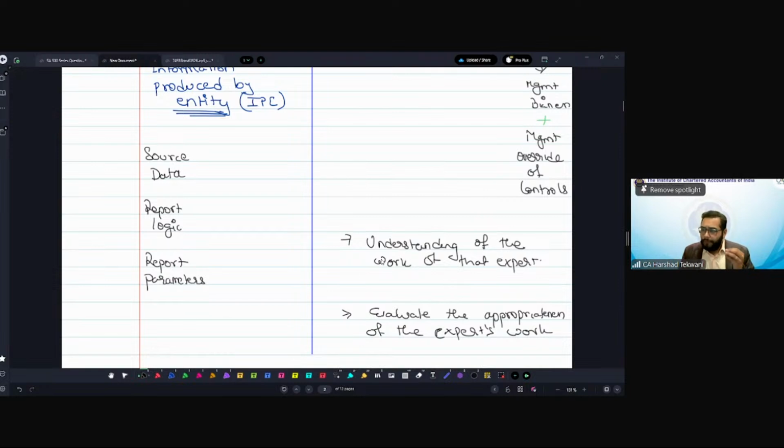For example, a hypothetical example, let's say you want to extract an accounts receivable aging report. ERPs are capable of extracting an accounts receivable aging report at any date. That is perfectly fine. What if tomorrow I extract the account payable aging report as on 31st December of, let's say, XX year, and I just change the date on top of the report and make it 31st March?